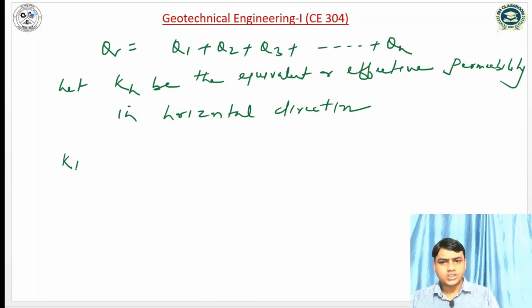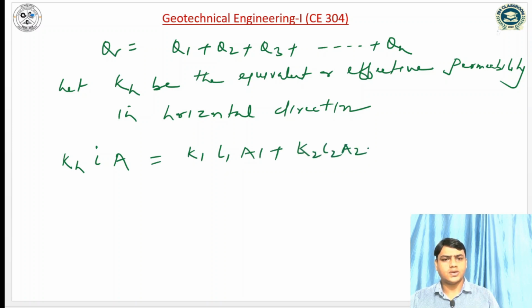So Kh into I into A is equal to K1 into I1 into A1 plus K2 into I2 into A2 plus so on and so forth, Kn In into An.